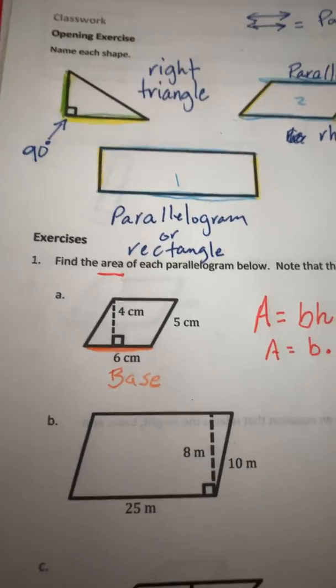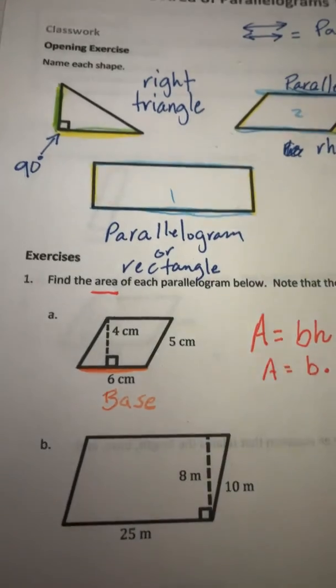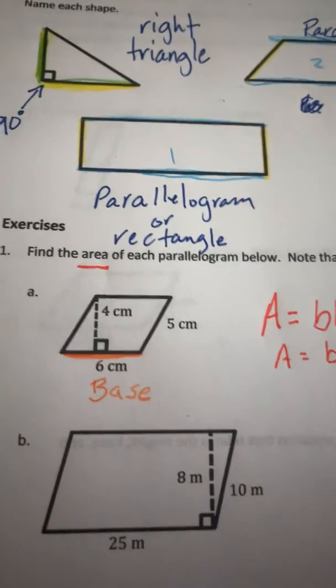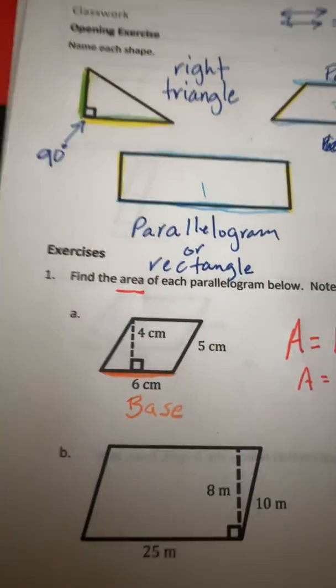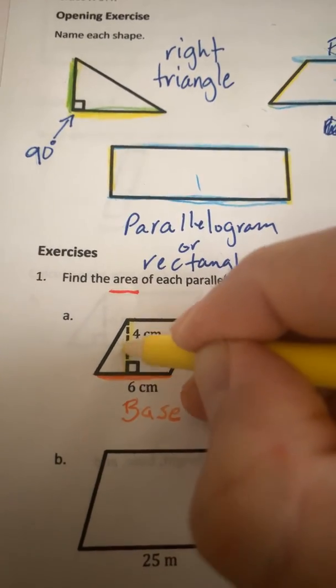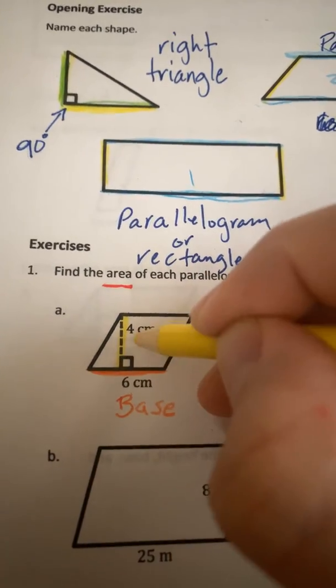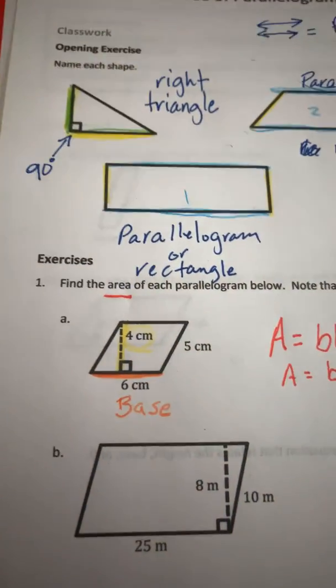Remember, all these lessons we've been working with replacing variables with numbers. That's the same thing we're going to be doing here. So 6 is going to be the base, and your height, which is how tall it is, is going to be this dotted line right here, which is represented by the number 4 centimeters.